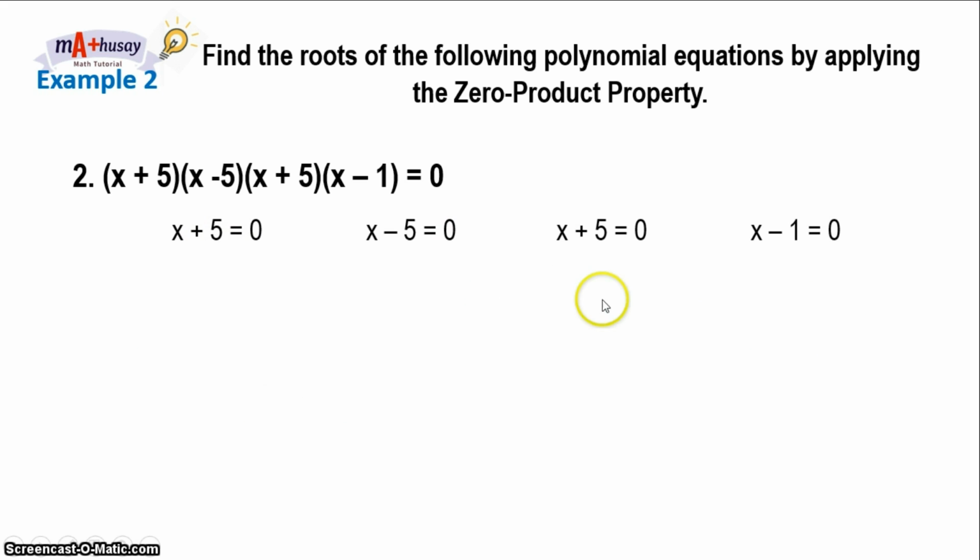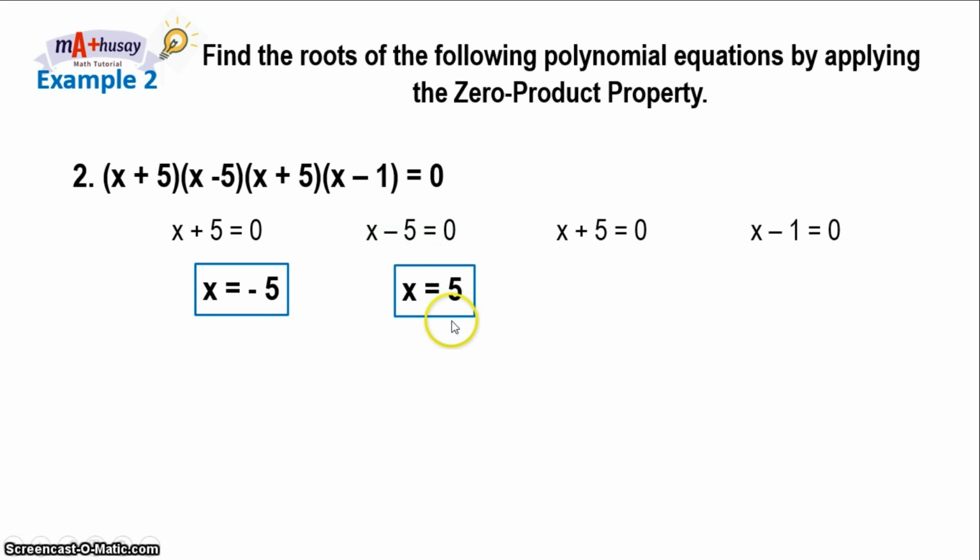So, we have to solve for the value of x. Here we have x is equal to negative 5. For x minus 5 equals 0, the value of x will be x equals 5, right? The next one, we have x is equal to negative 5.